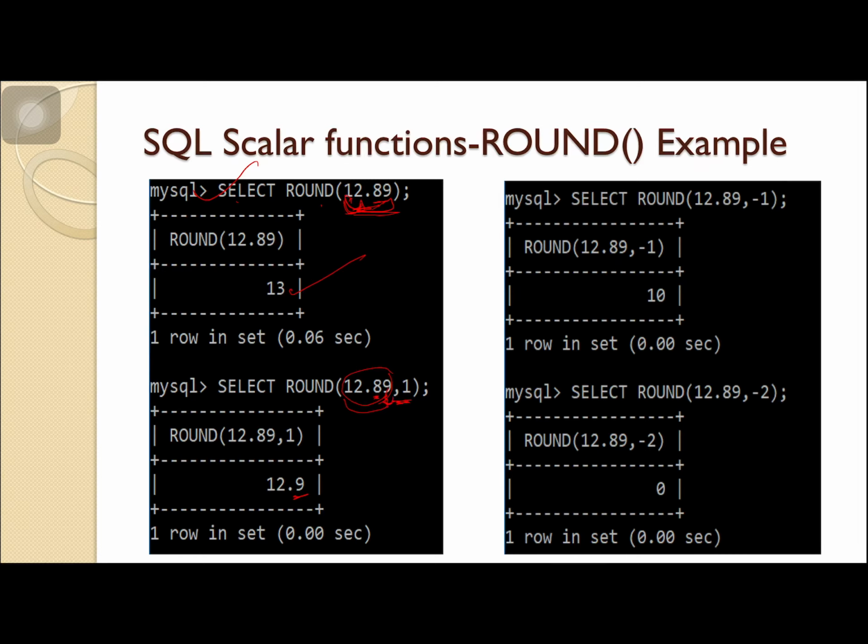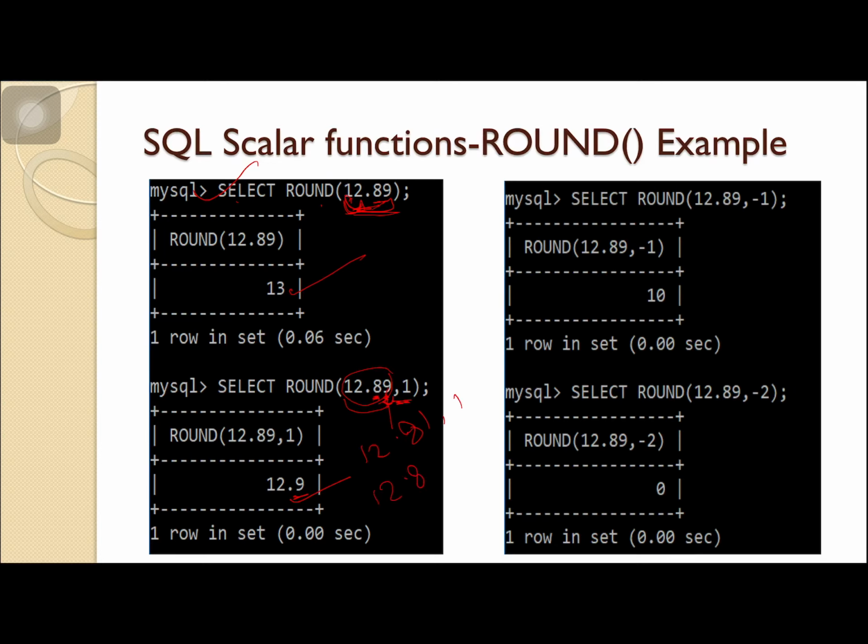But after 8, what is the digit? It is 9, which is greater than 5. If it is either 5 or greater than 5, then we will increase this digit. Then the output will be 12.9.